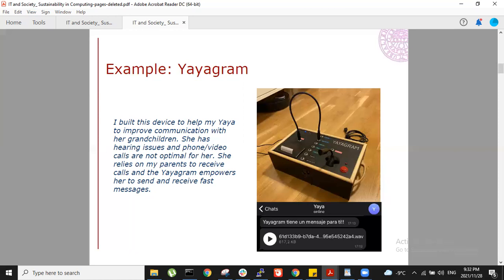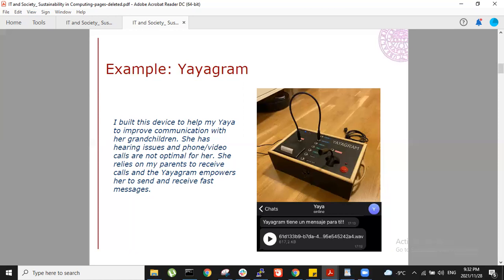So to send a message, it's a very simple, analog experience. Press and hold the record button, which is the red button, as you can see. Talk into the microphone, which is near the red button.